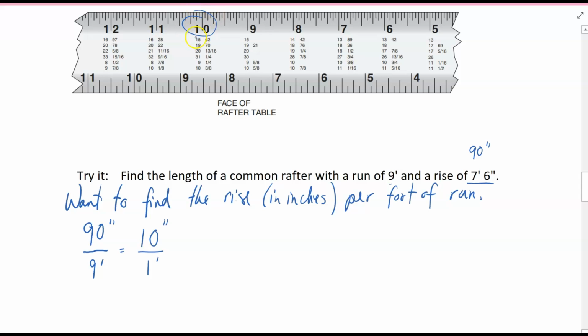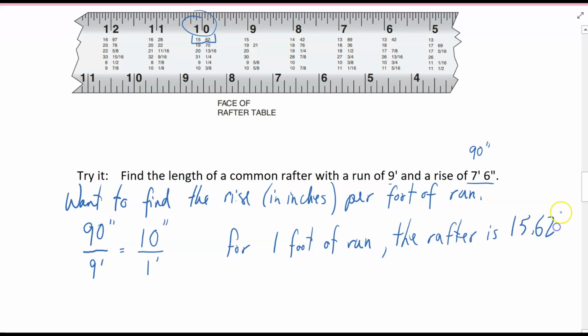We take a look at 10 and find out that for that value, the length of the rafter is 15.62, all right? So for 1 foot of run, the rafter length is 15.62 inches.